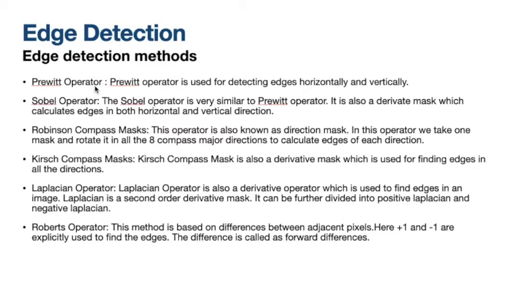We are not going to see much detail about it. And finally, the Roberts operator. This method is based on the difference between adjacent pixels. Here +1 and -1 are explicitly used to find the edges. The difference is called forward differences, which we will also see in detail.